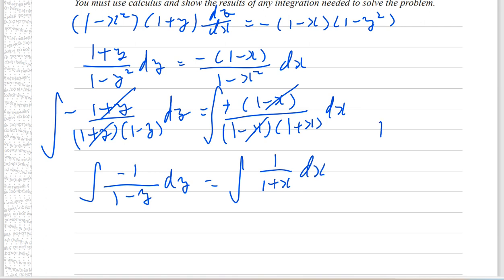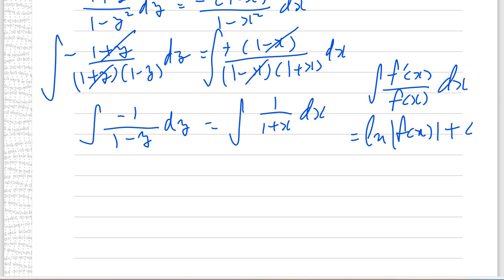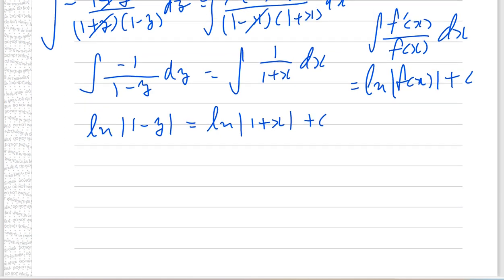And as you know, the integral of f prime x over f of x dx becomes ln of f of x plus c, isn't it? So the left hand side becomes ln |1 minus y| equals the right hand side ln |1 plus x| plus c. So it means 1 minus y equals e to the power of ln (1 plus x) plus c.